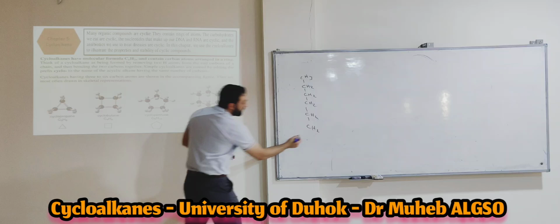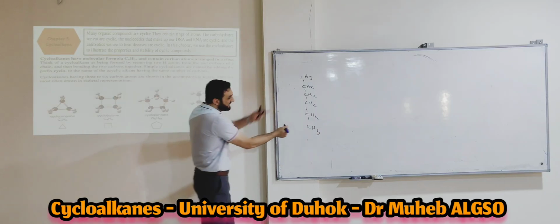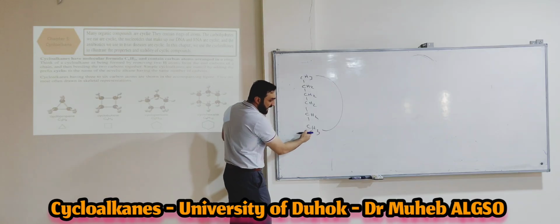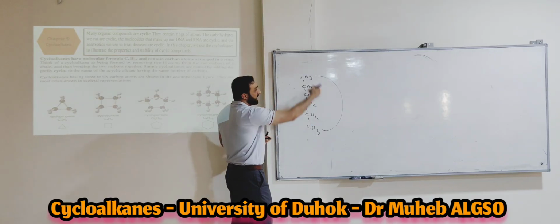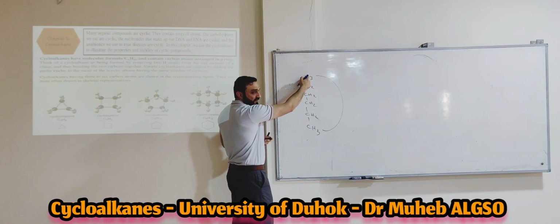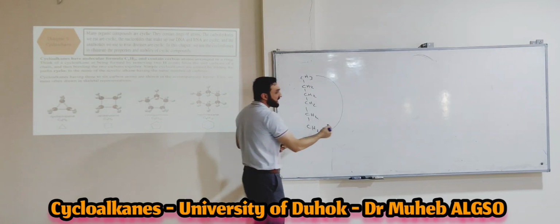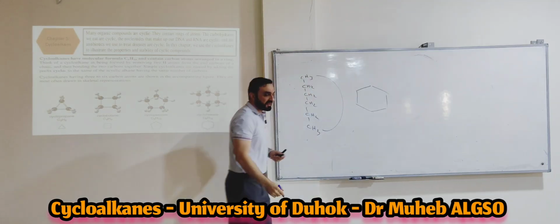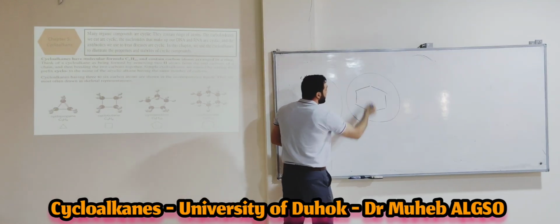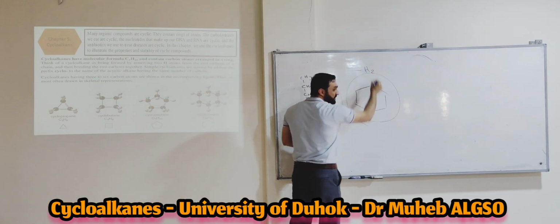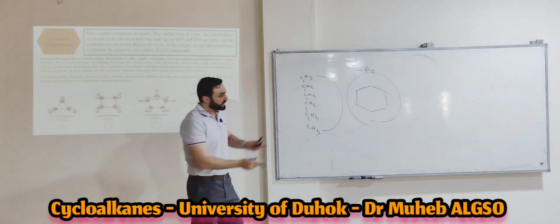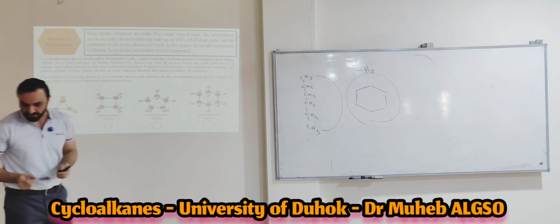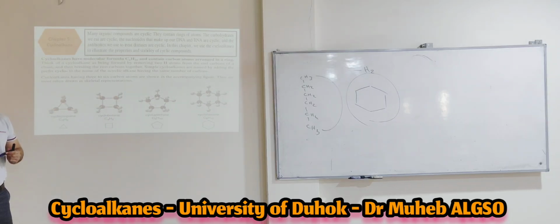If I want to make this compound into a cycle, closing this end with this one, that means I have to remove 1 hydrogen from here and 1 hydrogen from here, and make the cycle. It will be like this figure. It will be cyclohexane. That means cyclohexane is made by removing 2 hydrogens to close the ring, to close the atoms together in a cyclic figure.